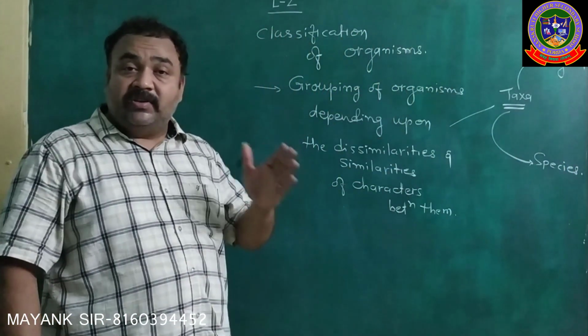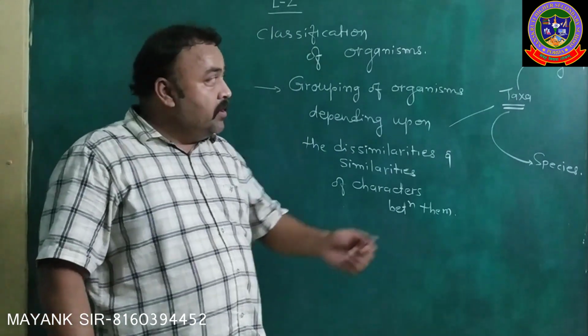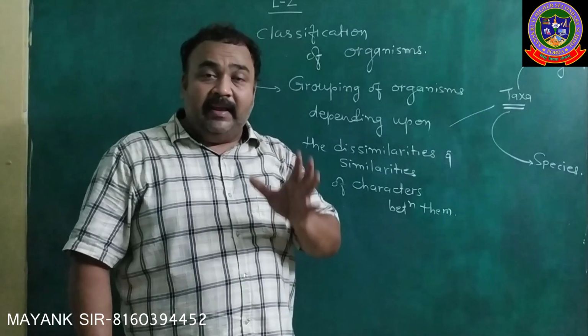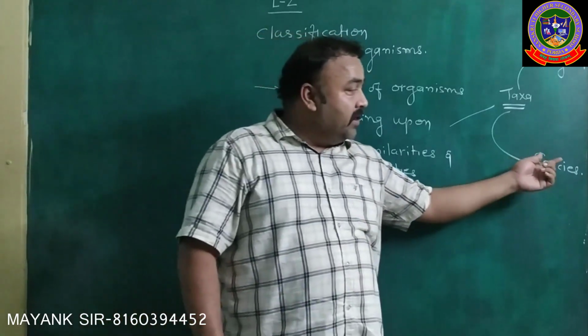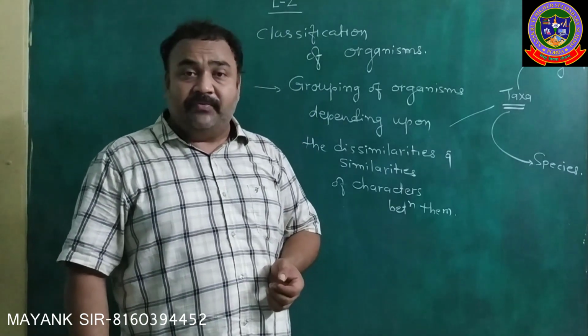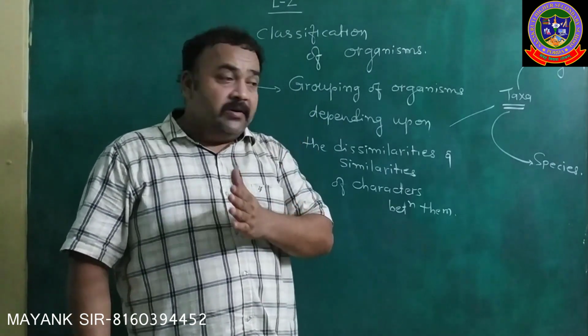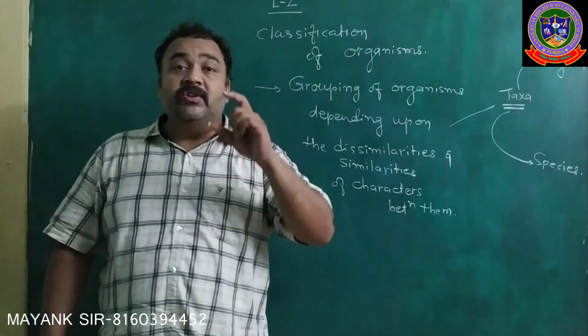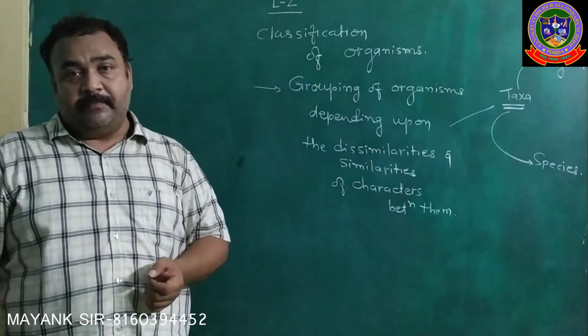This we have studied in chapter 1st. So kingdom is the largest taxon in classification, whereas the species is the smallest taxon of classification. In other words, species is known as the unit of classification.